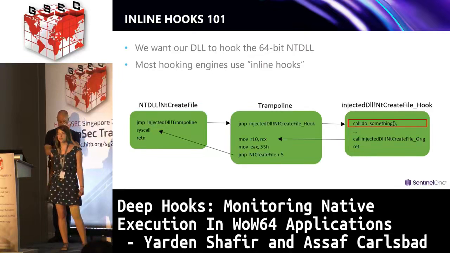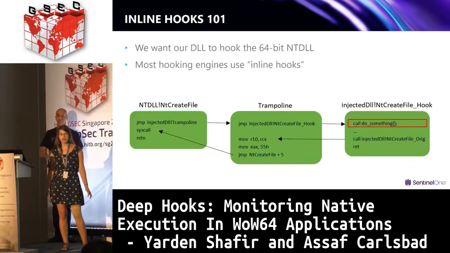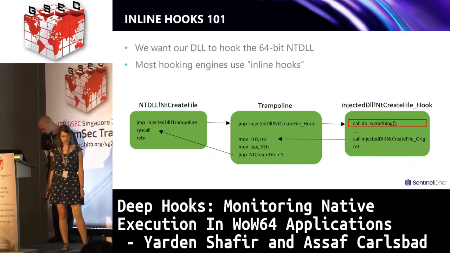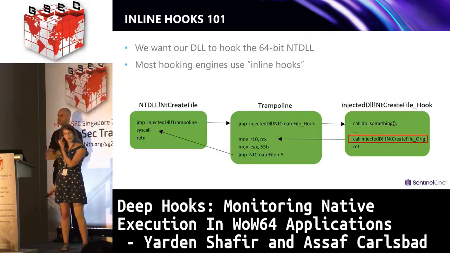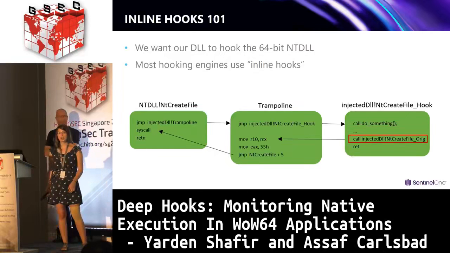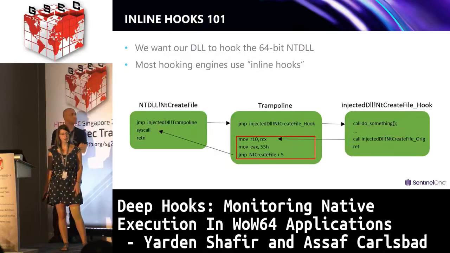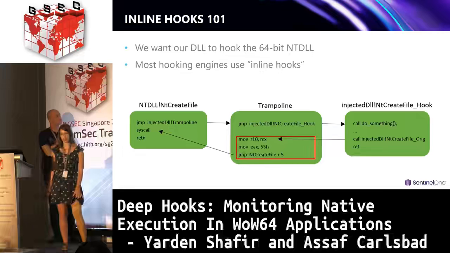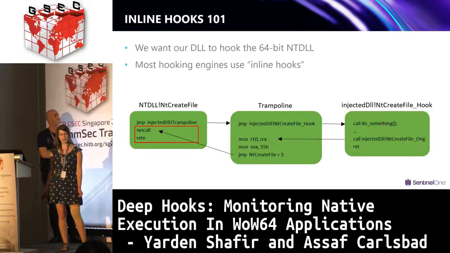Our detour function can basically run whatever code we want, either before or after, eventually calling back into the original function. When we call back into the original function, we first have to call into the trampoline in order to run the missing instructions that we wrote over in our hooked function. Then we jump back into the hooked function to allow it to resume its normal execution.